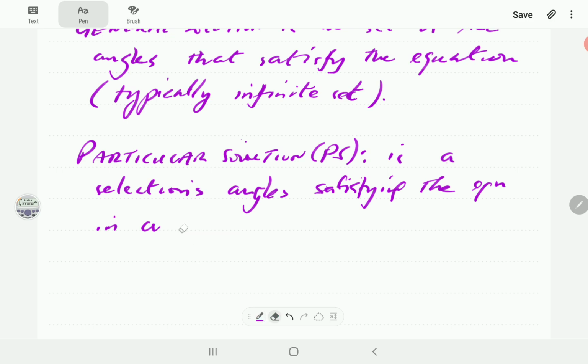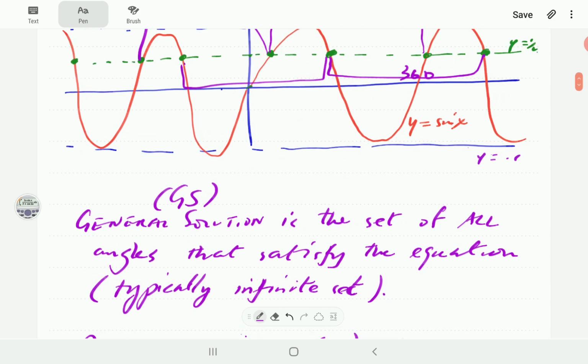So in the general solution, the range of angles is not given, so that means the range is infinite. In a particular solution, the range or the interval is going to be specified.